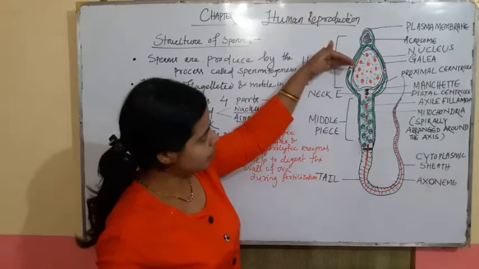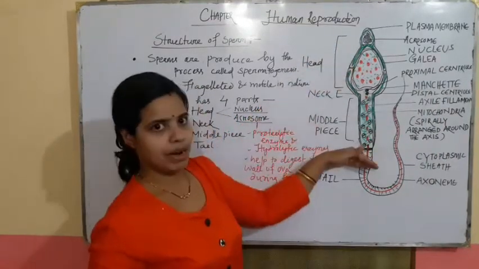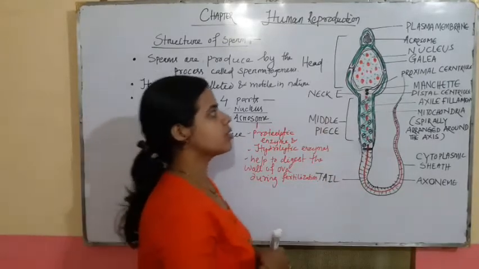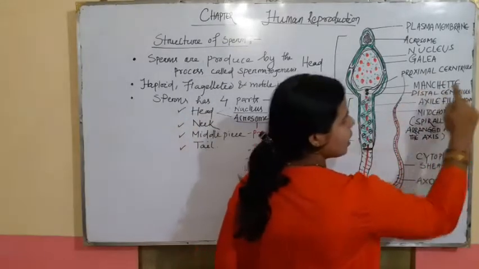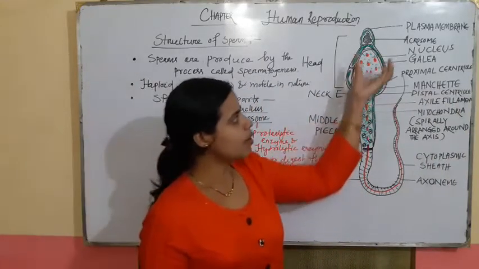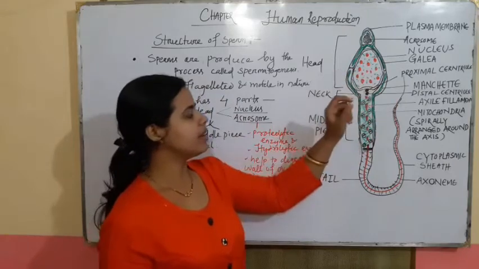And from this part to the posterior part and the middle piece, another membrane covers to protect them, that is called as mantle. Clear? And this is about the structure of covering membranes.